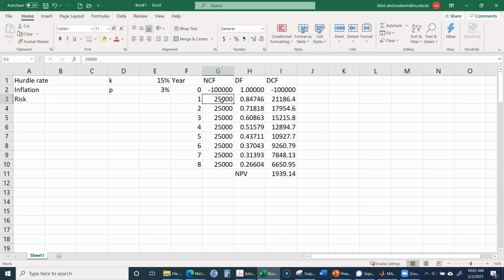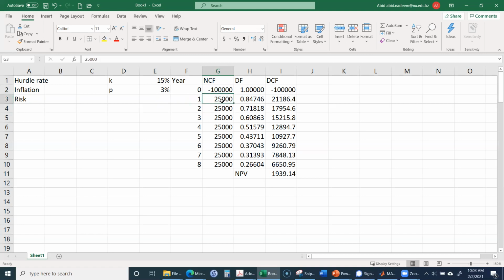This $25,000 is just an educated guess, but in reality, sometimes these benefits may be $20,000, sometimes maybe $18,000, or sometimes even less, like $10,000.